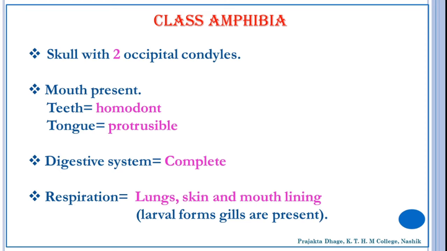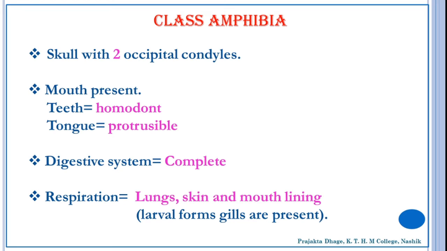Now there are two occipital condyles. What are occipital condyles? If you see the below side of the skull, there are two round knob-like structures at the base of the skull, which form a place for articulation with the first vertebra.